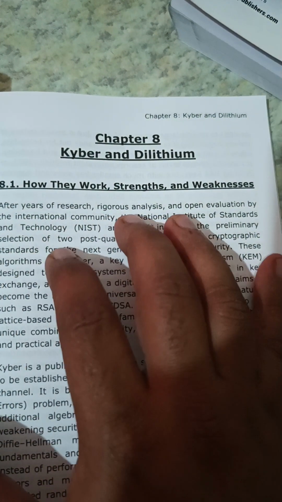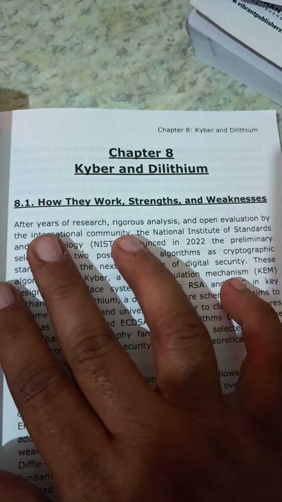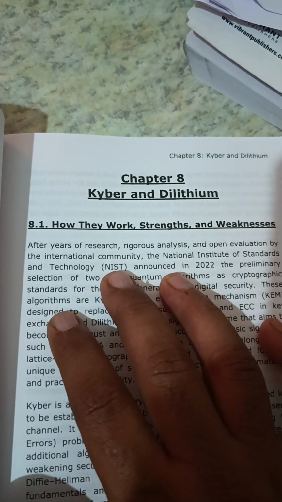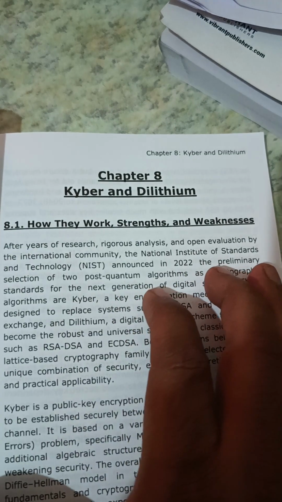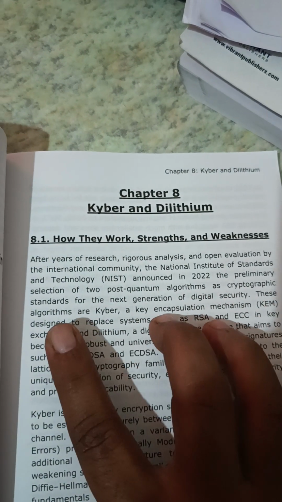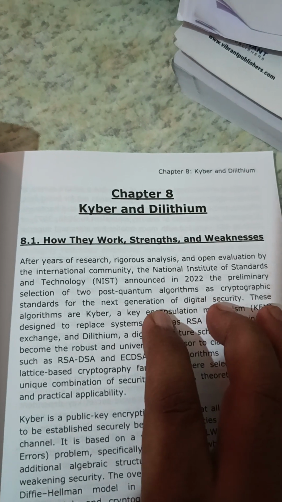After years of research, rigorous analysis and open evaluation by the international community, the National Institute of Standards and Technology (NIST) announced in 2022 the primary selection of two post-quantum algorithms as cryptographic standards for the next generation of digital security.